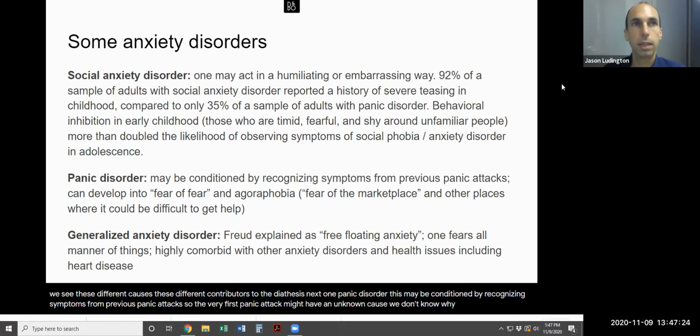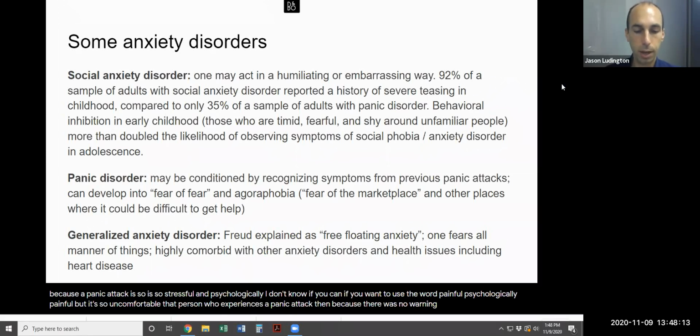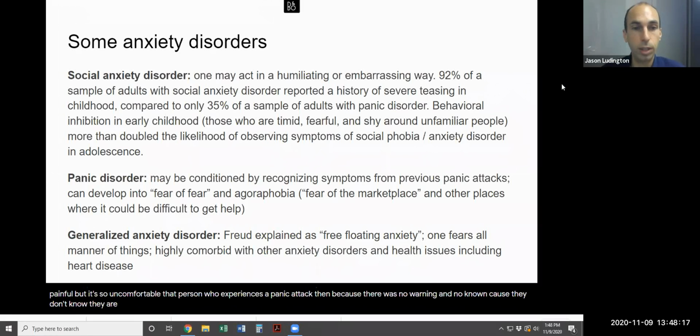You don't know why you had your first panic attack, but once you've had it, you could then be conditioned to develop a fear of that panic attack, because a panic attack is so stressful and psychologically painful, so uncomfortable, that the person who experiences one, because there was no warning and no known cause, often doesn't know why they had it.